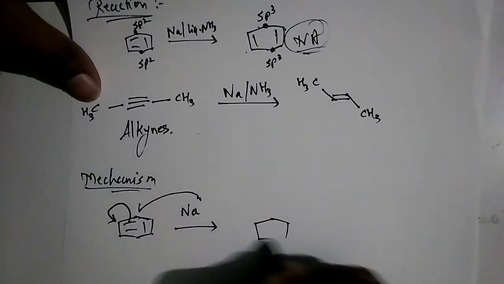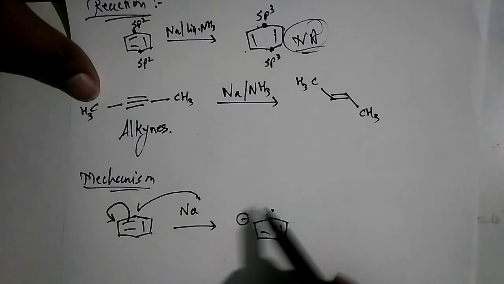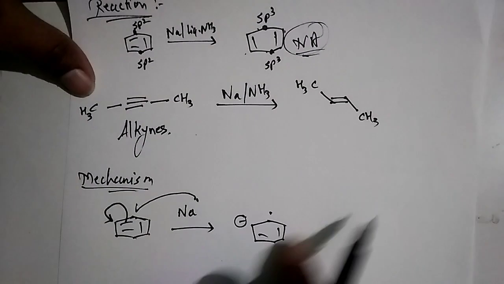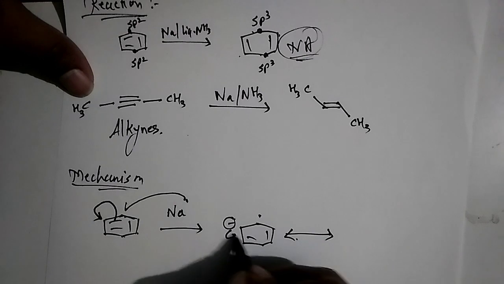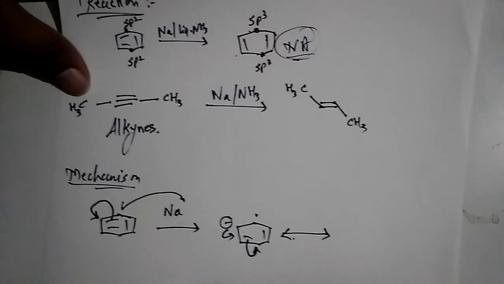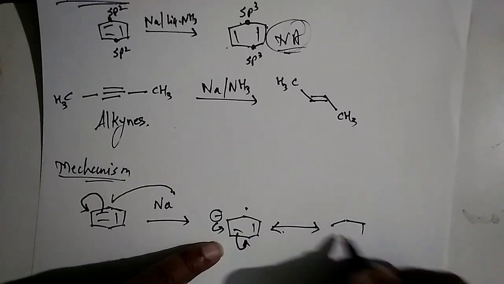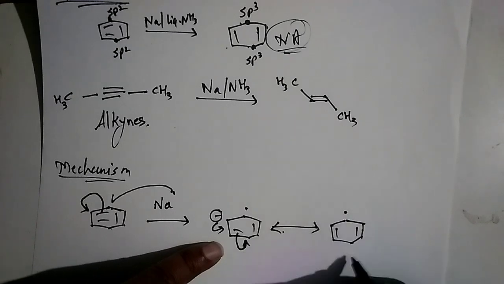So here we get something like this. Two unstable species adjacent to each other make the whole ring unstable, so it undergoes resonance, bond formation and deformation take place, and here we get something.